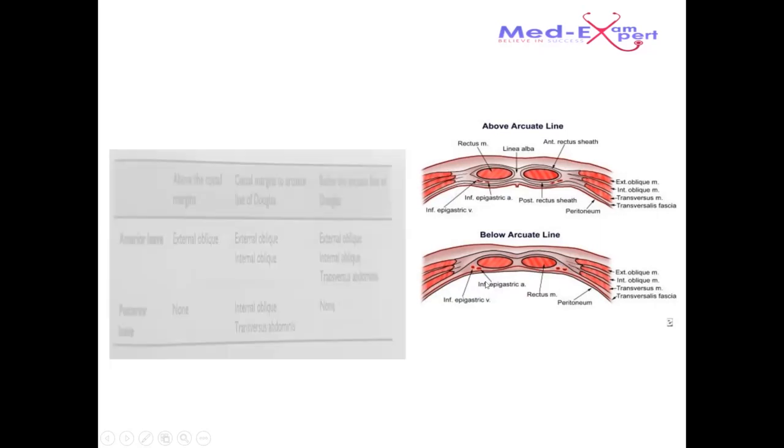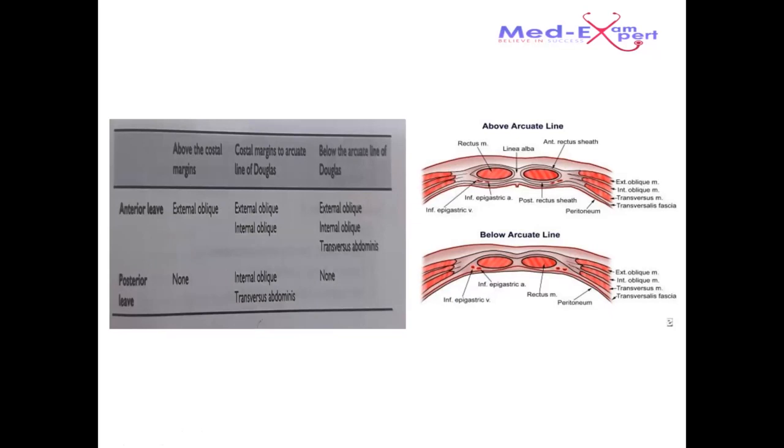We only find the anterior rectus sheath, because below the arcuate line the aponeurotic parts of these three muscles lie anterior to the recti, and there is no aponeurotic part posterior to the recti muscles, only the transversalis fascia. Okay, I hope that it's clear. Is it clear?